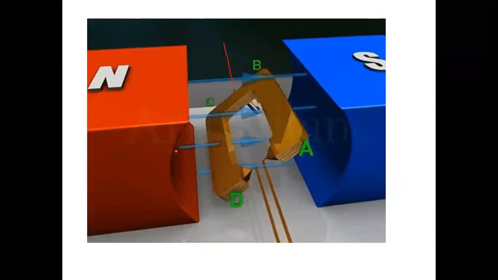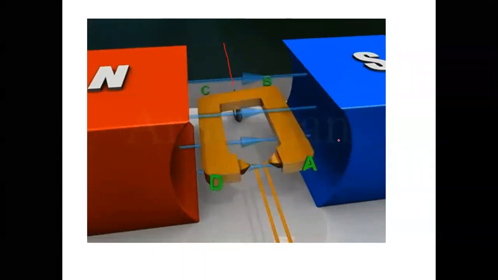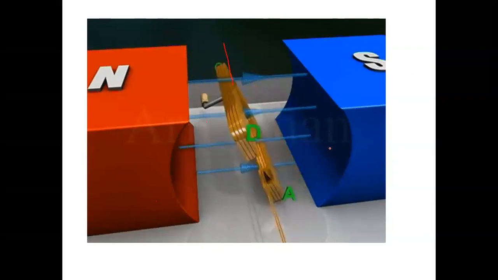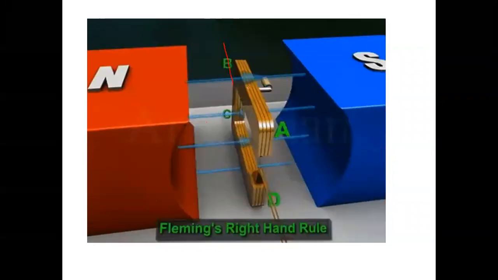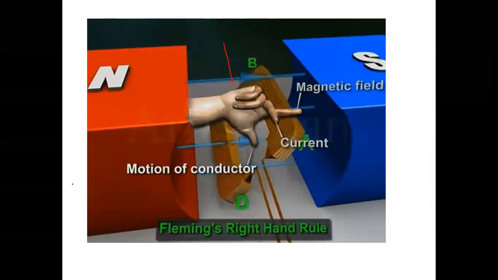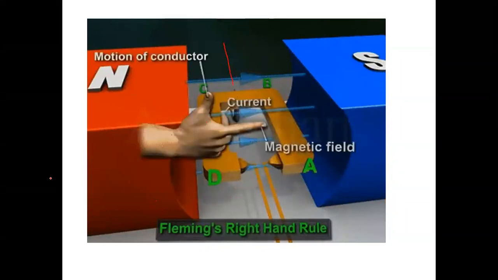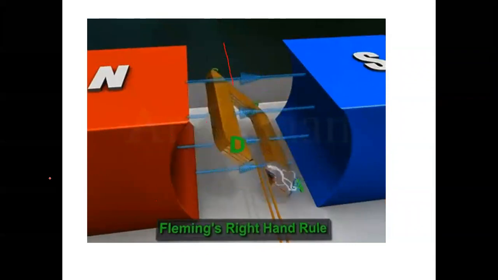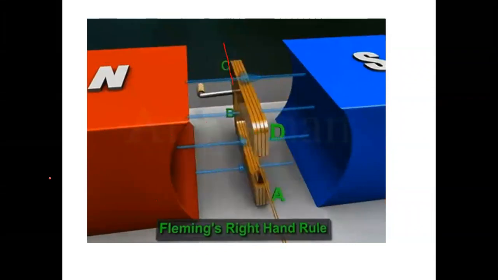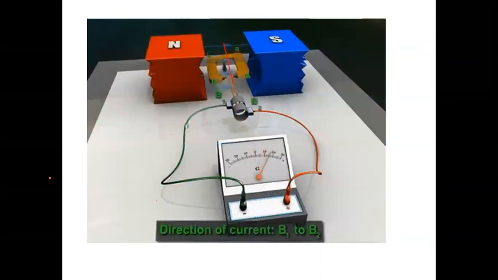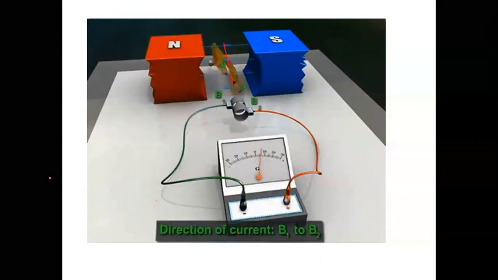If AB is under the influence of north pole and CD under the influence of south pole, lastly you can see you will get a negative voltage. So for one rotation, I can get one sinusoidal waveform. So AB is under the influence of south pole, therefore positive voltage.